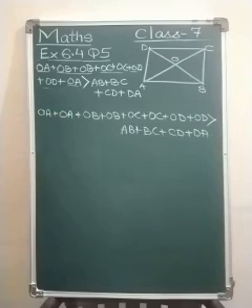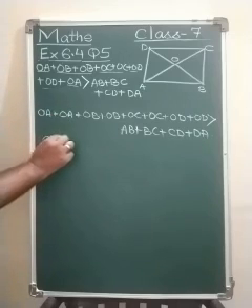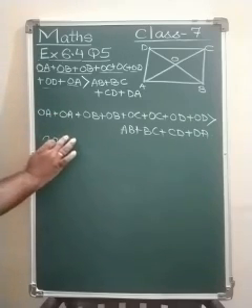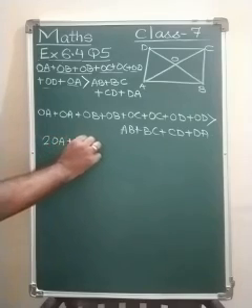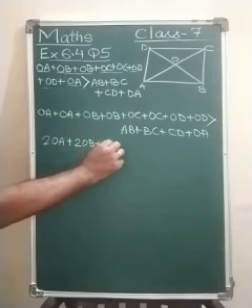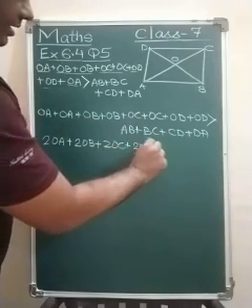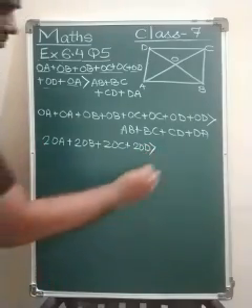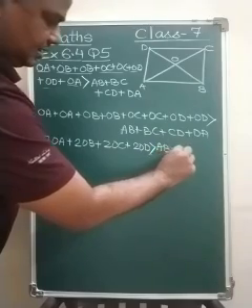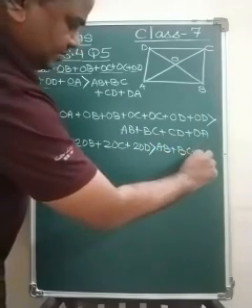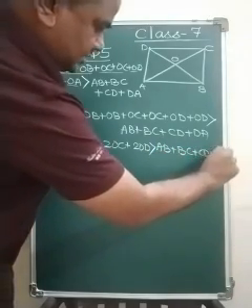Now OA plus OA will become 2OA, plus 2OB plus 2OC plus 2OD greater than AB plus BC plus CD plus DA.